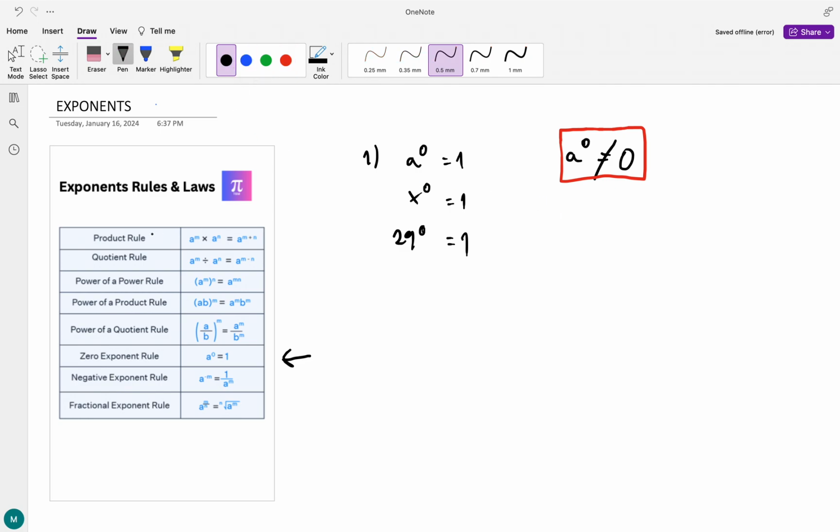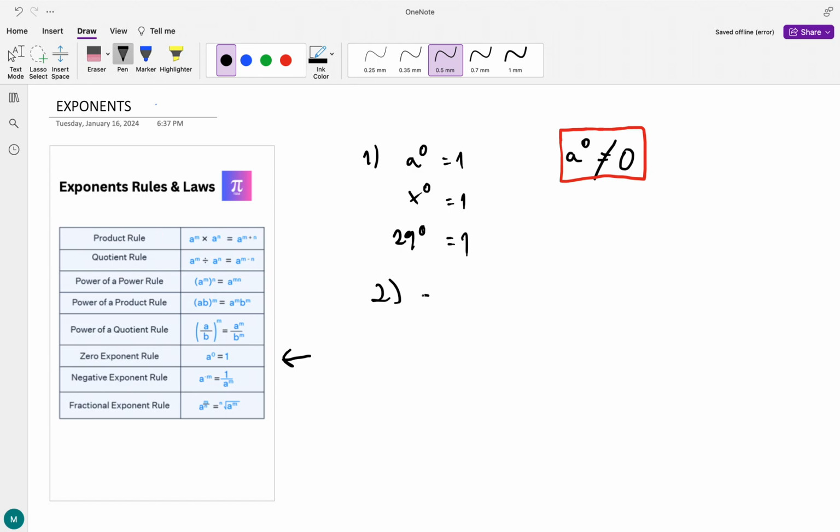Okay, now let's get back to the beginning and start working with the product rule. So the product rule goes as follows. If we have the same base, right? So base is the number or the variable that we actually raise to a certain power.